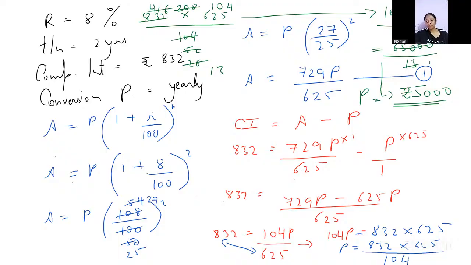Principal rupees 5,000. I'm doing it, ma'am. This is method one. Ma'am, can you take it? I'm calculating the P.